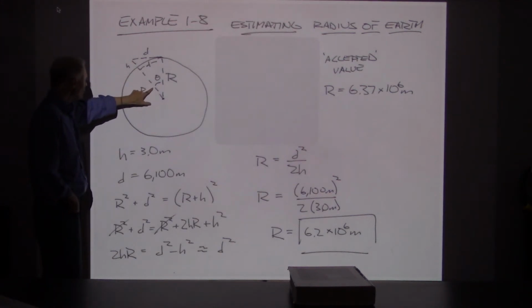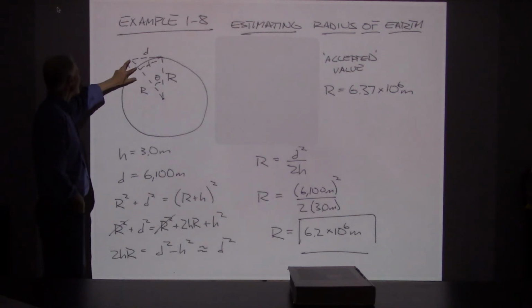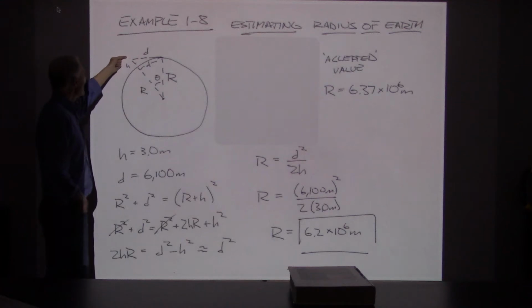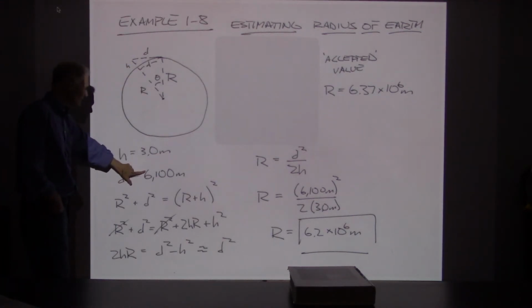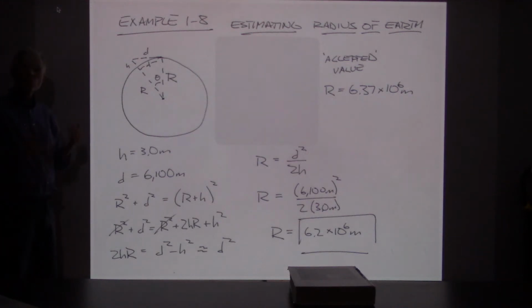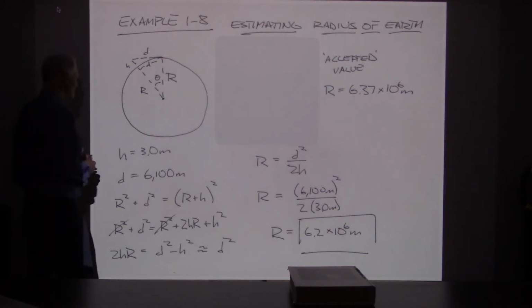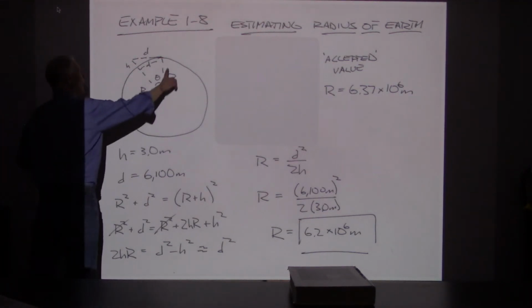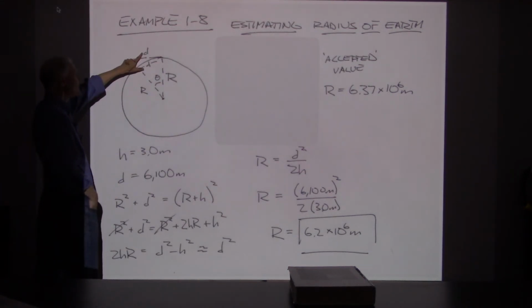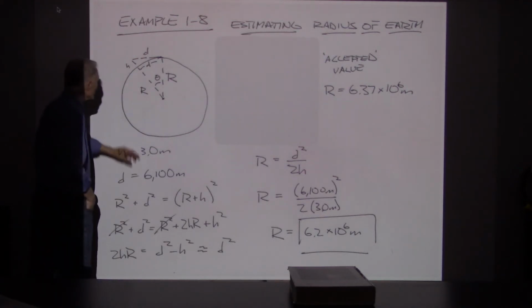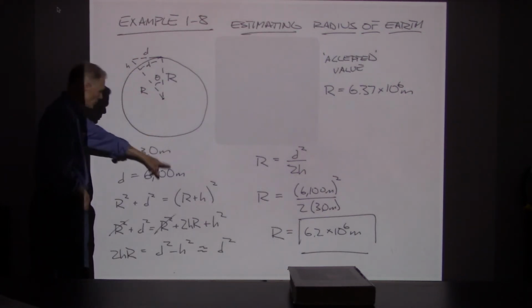So what we're going to do is take the radius of planet Earth and add on 3 meters here, and then put in the distance. The distance here is going to be 6,100 meters. Using Pythagorean's theorem, the side here is a distance r, the side here is a distance d, roughly, and so r squared plus d squared is equal to (r plus h) squared.